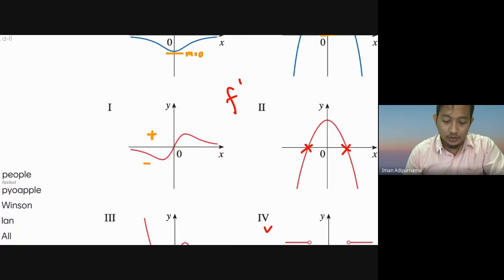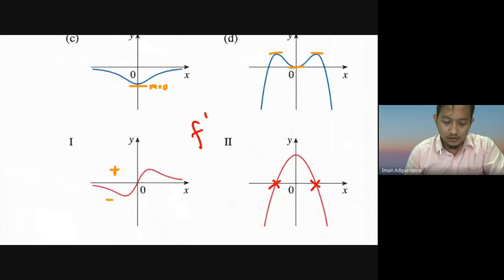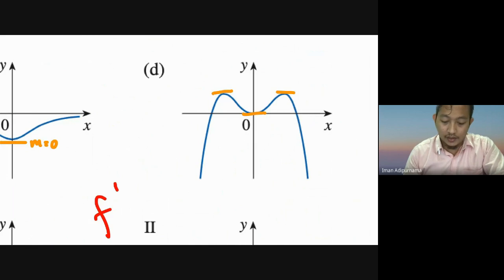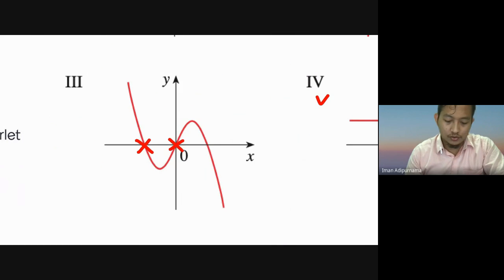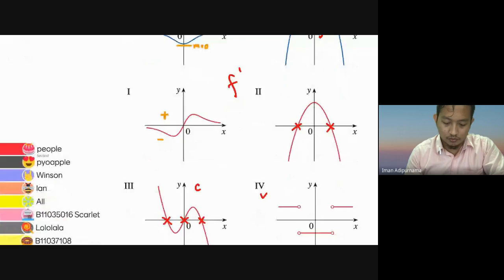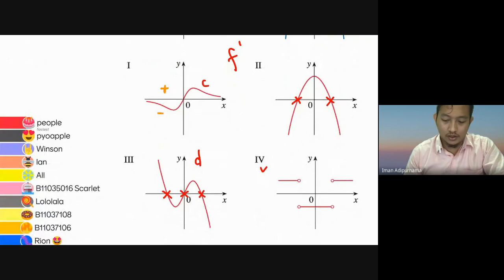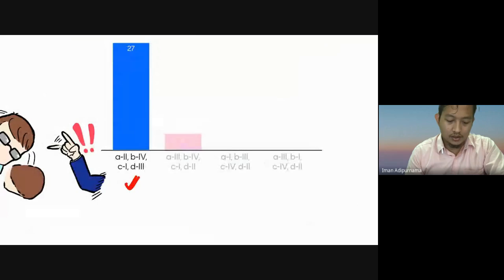But looking at D, this is 0, 0, 0. So it's having 3 zeros. So 3 zeros is here, 1, 2, 3. So this will be C, right? And this should be D, this should be C.